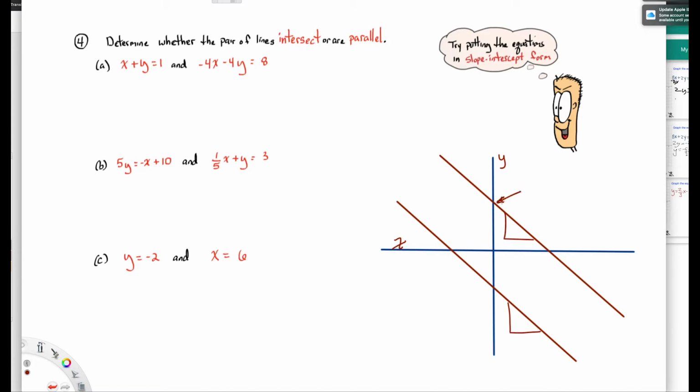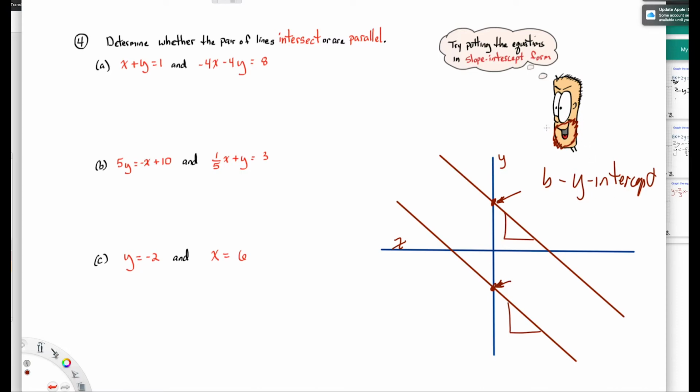The other important thing is that they have different y-intercepts, so they're intersecting the y-axis in a different place. And we call this B. Okay, so B is the y-intercept. Let's put a little beard here on this guy. He needs a little beard. Nice.